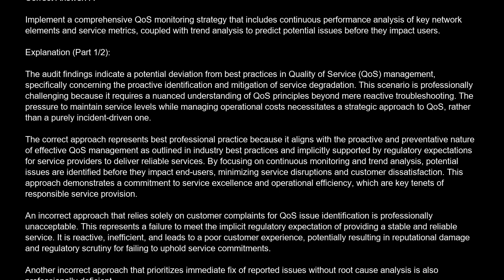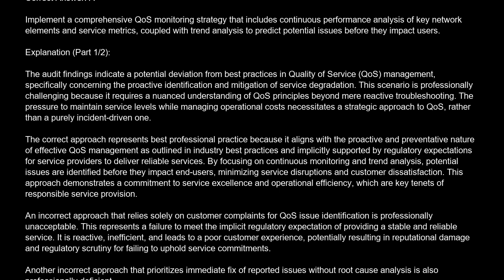The correct approach represents best professional practice because it aligns with the proactive and preventative nature of effective QoS management, as outlined in industry best practices, and implicitly supported by regulatory expectations for service providers to deliver reliable services. By focusing on continuous monitoring and trend analysis, potential issues are identified before they impact end users, minimizing service disruptions and customer dissatisfaction. This approach demonstrates a commitment to service excellence and operational efficiency, which are key tenets of responsible service provision.